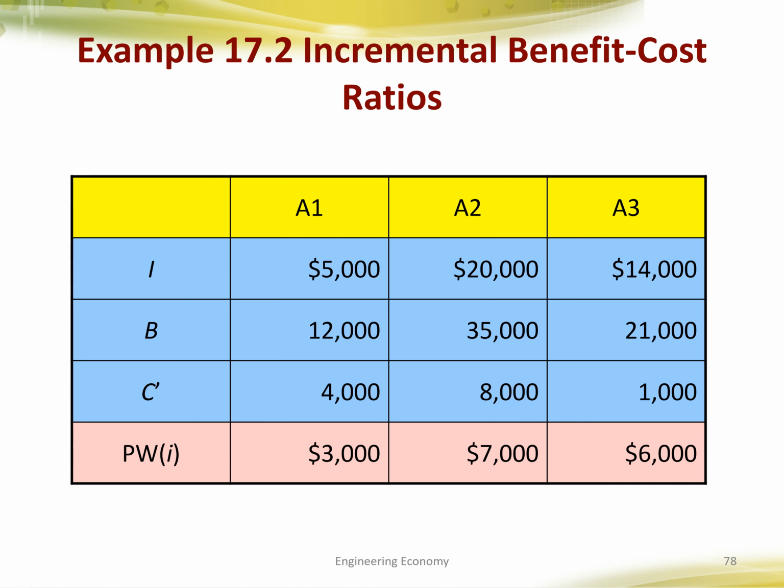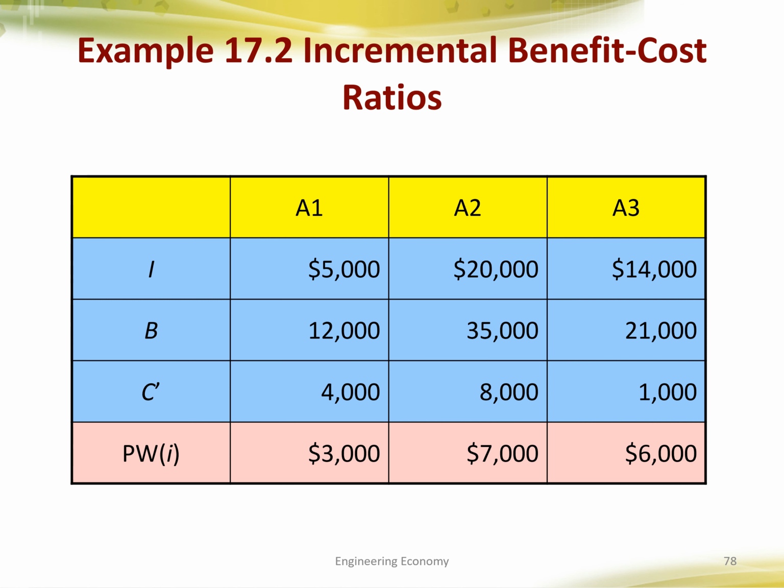The present worth analysis tells us that alternative A2 has the largest present worth, right? So we should select alternative 2.